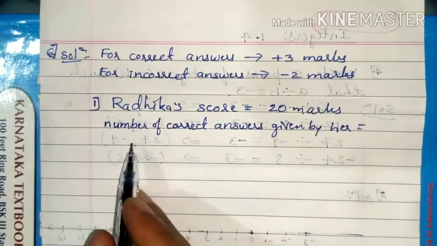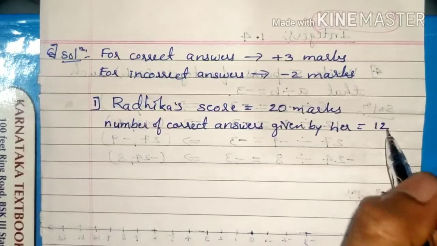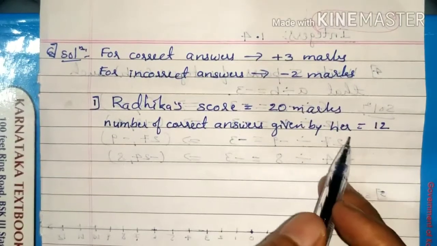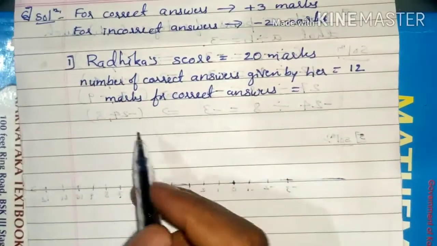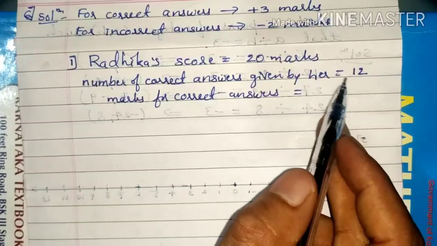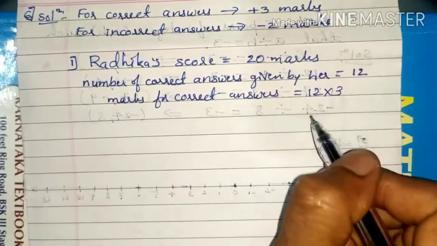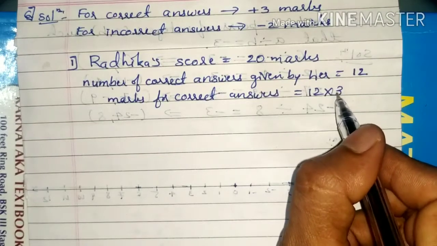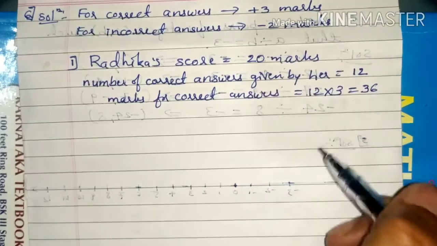Number of correct answers given by her is equal to 12. Next, marks for correct answers. She gave 12 right answers, so she will get 12 into 3. For one correct answer 3 marks, so for 12 correct answers, 12 into 3 is 36 marks.